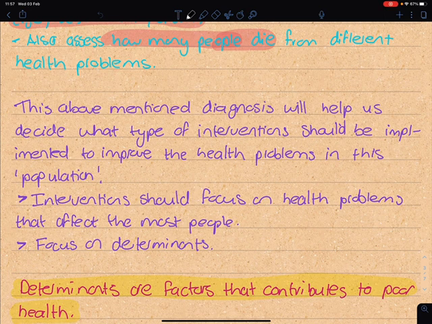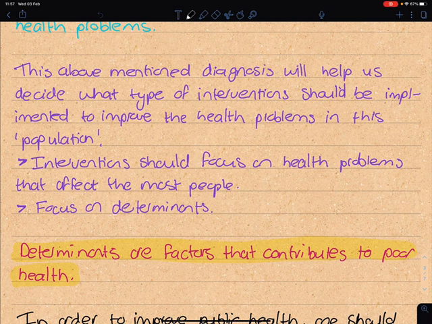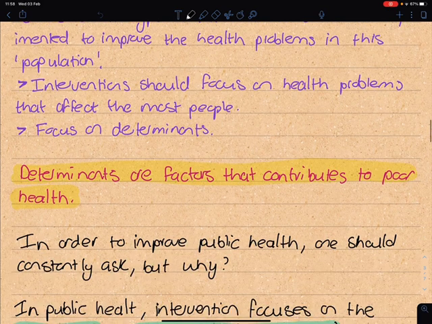A determinant can be anything. It could be weak air quality, or poor water quality, or poor road conditions, no water and sanitation, poor visibility. All of these things can be determinants, and your intervention should be directed to your determinants. So your intervention should improve your determinants.